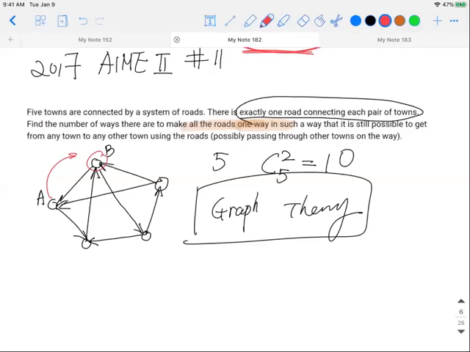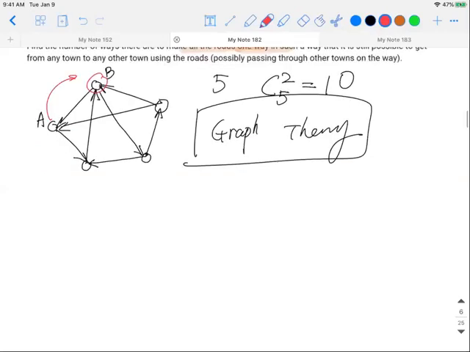This is actually proof by contradiction. I see some students have ideas. If I have a town where all 4 roads are going in, then as long as I go to this town, there's no way for me to get out.